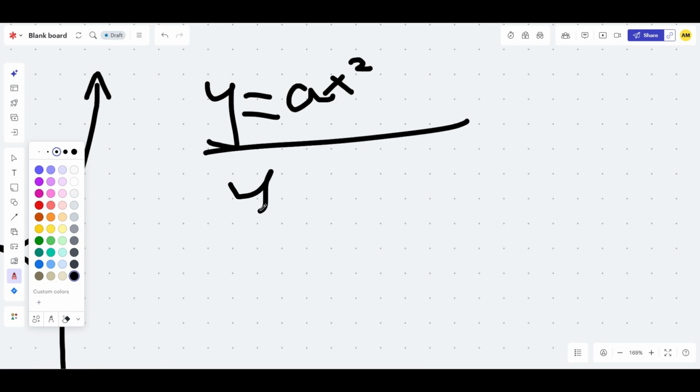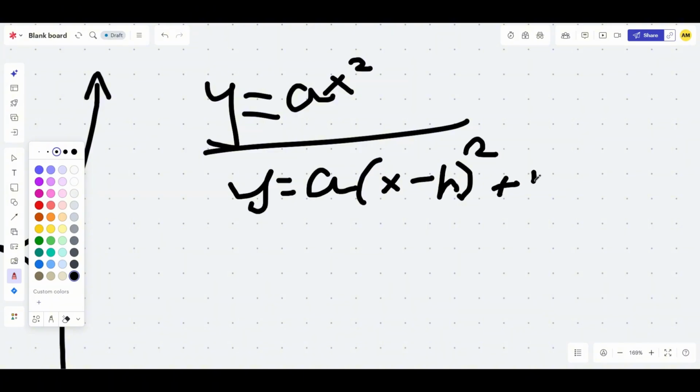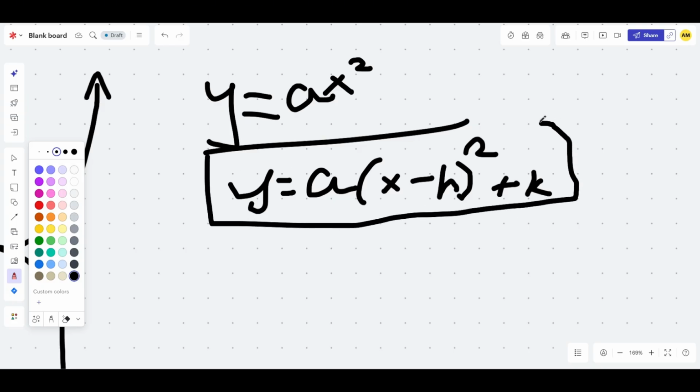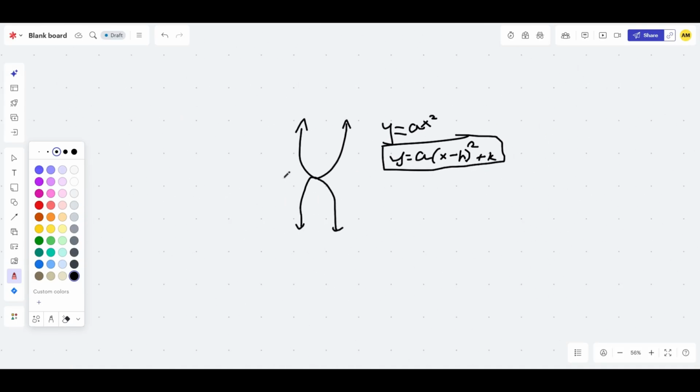With the vertex, it's y is equal to a multiplied by x minus h the whole square plus k. Now, you guys may be wondering, this looks oddly familiar. And yes, that's true, because this is actually the vertex form of quadratics in Algebra 1 and Algebra 2.